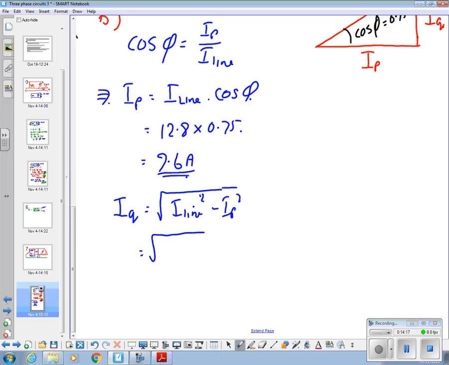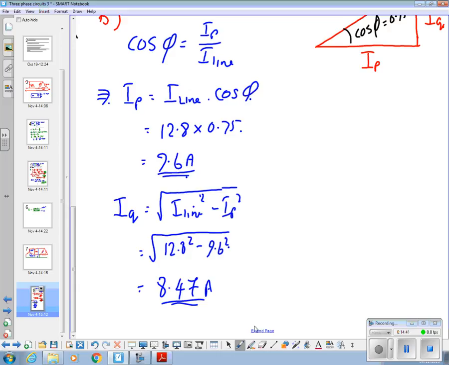So that's the root of 12.8 squared minus 9.6 squared, and you got 4.7 amps is what I got on my sheet. So there or thereabouts. Okay.